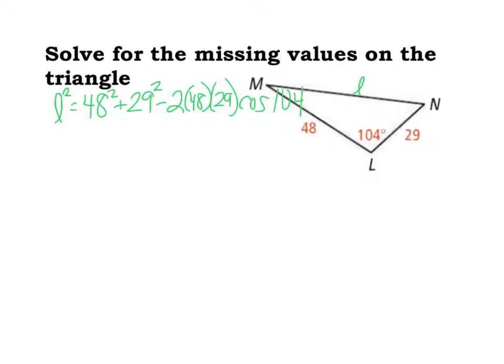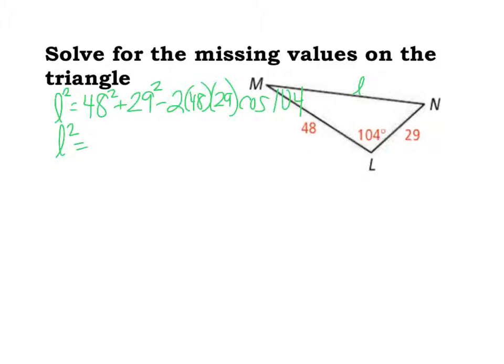That's across from the L. This is the one where you just type it in left to right in your calculator, no breaks, don't stop, just keep going. Here I go, 48 squared, don't press enter, plus 29 squared minus 2 times 48 times 28 times cosine 104. I never pressed enter until now.